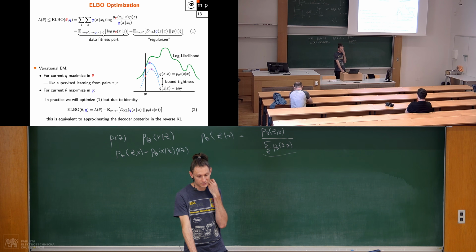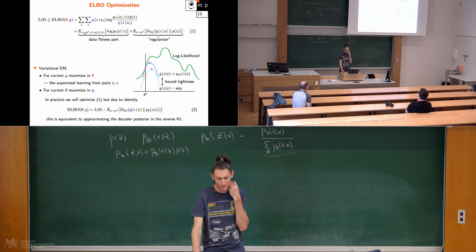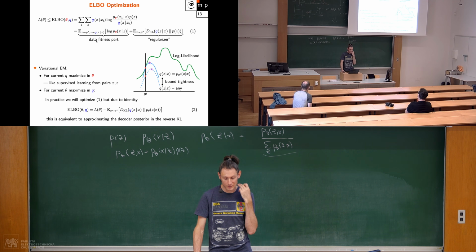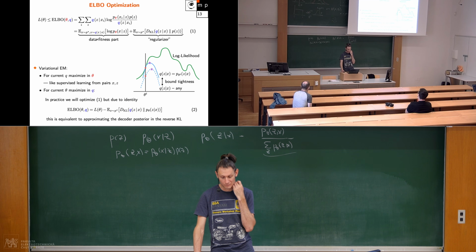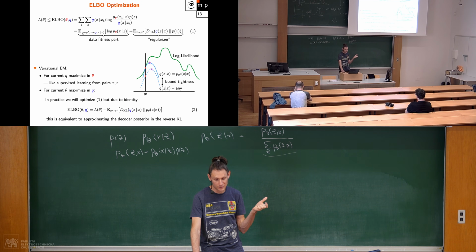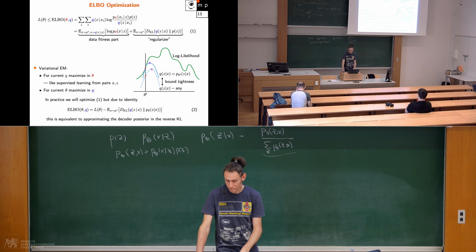This is called the data fitness part. If the encoder is fixed and we want to refine the decoder only, then we are in the setup of supervised learning: we are given some pairs of x and z, and we want to fit this conditional model, right? So this we already know how to do.